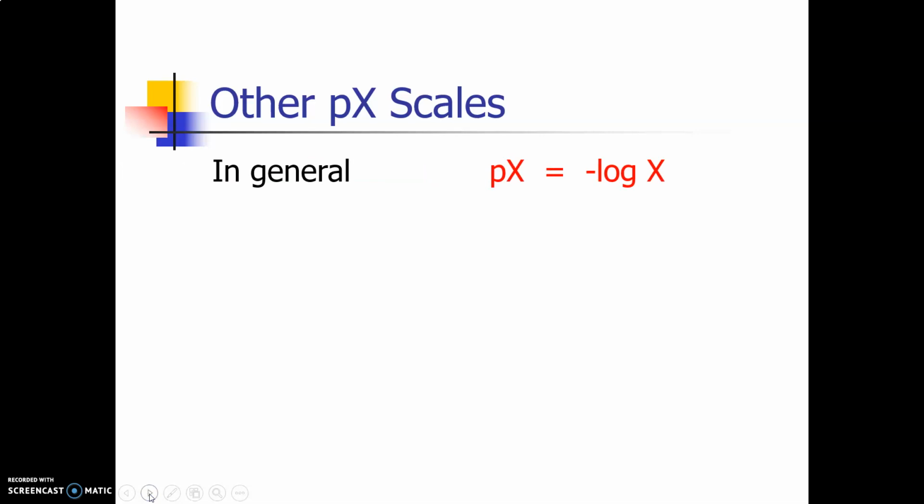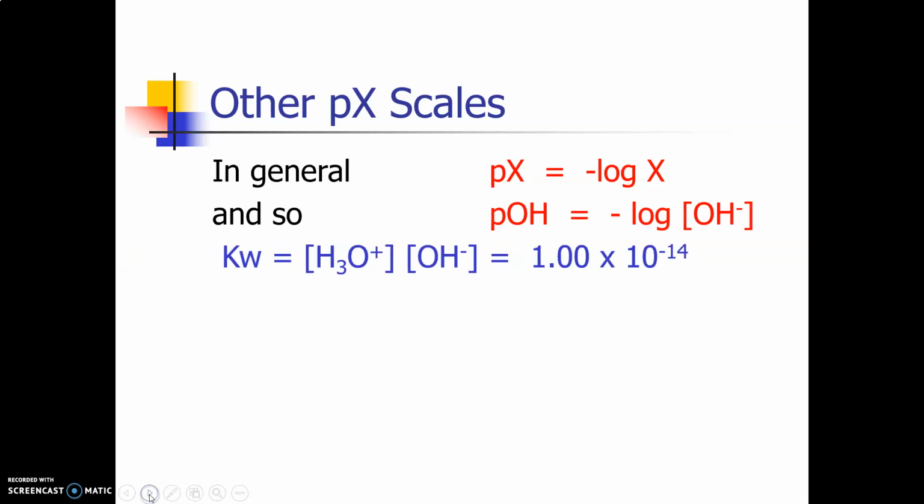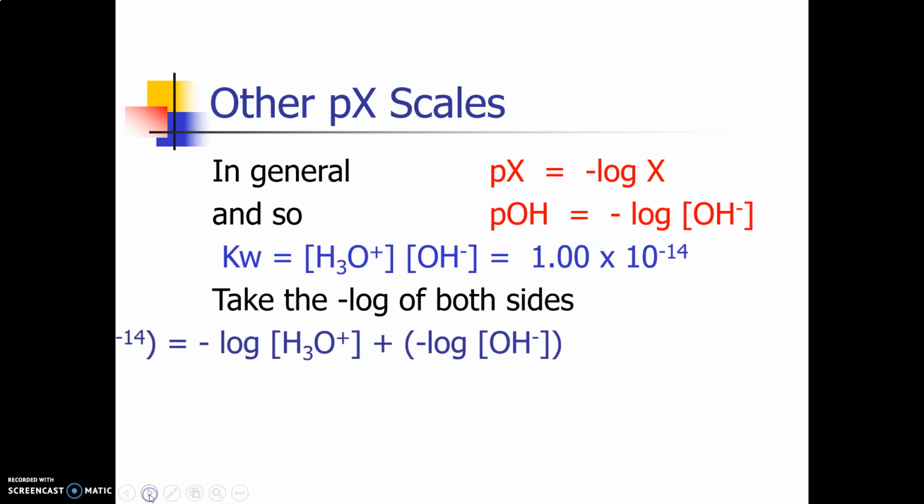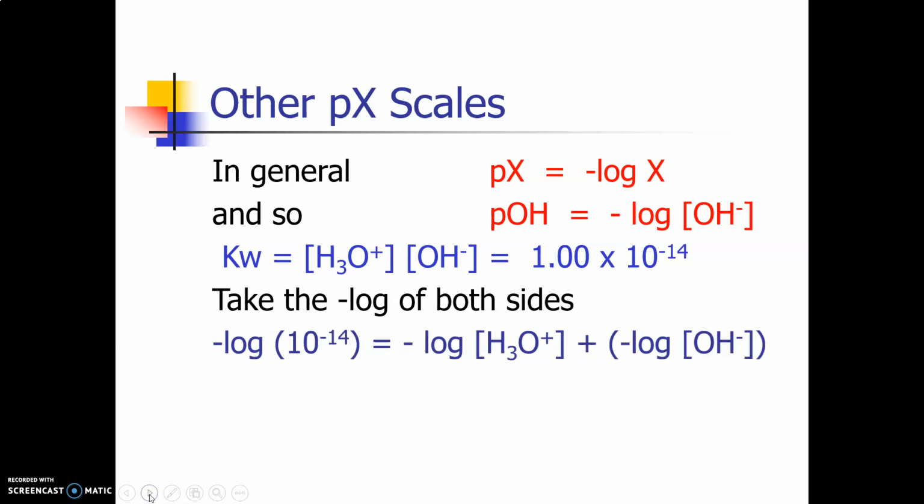Okay, pOH equals minus log, like the pH, right? pOH equals minus log of the concentration of hydroxide. This is just Kw equals concentration of hydrogen times the concentration of the OH. Take log for both sides.